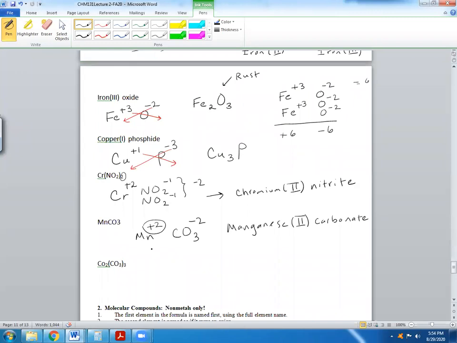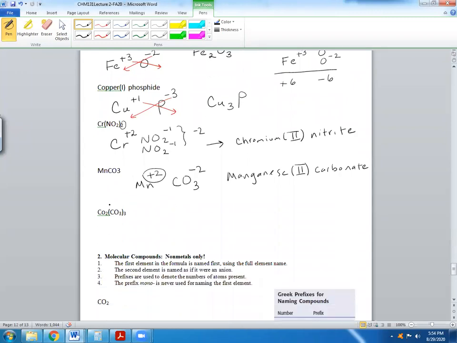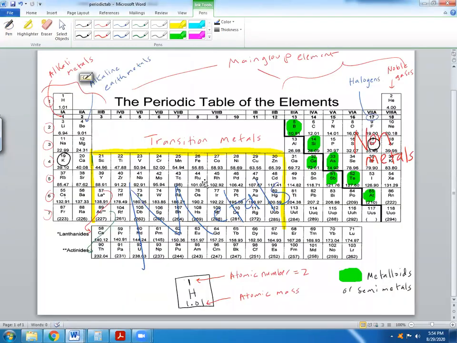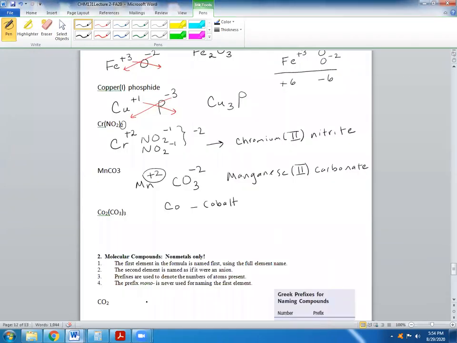So continue. We'll do the last one here. So be aware, be careful. This is Co, not carbon oxygen. This is cobalt. So Co is the element cobalt. It's right here on the periodic table. So be careful. Sometimes it's confused. So we have cobalt, and we have carbonate as well here.